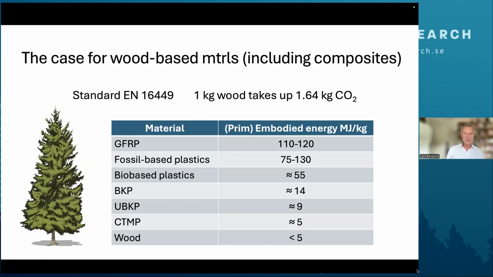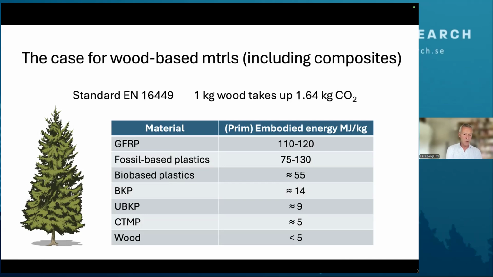If we look at specific numbers, we see them here. So bio-based plastics, 55 megajoule per kilogram in primary energy. But what is interesting is that pulp fibers are actually quite low. You see 14 megajoule per kilogram for bleached kraft pulp. CTMP, which is a high yield pulp fiber, is something around 5 megajoule per kilogram.